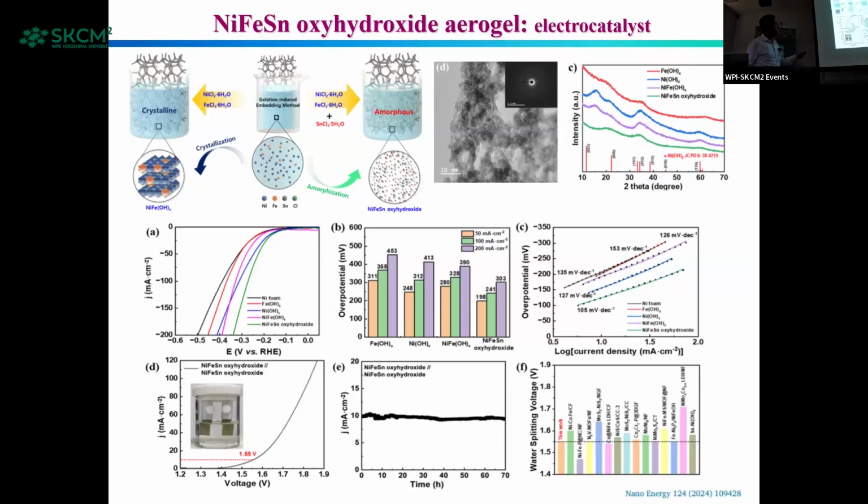But still, this material shows good HER and OER performance and water splitting ability. So you can see the porous aerogel network here and the crystallinity of the material. It is mostly amorphous, and you can see it is stable for a long time. In the 70-hour experiment we did overall water splitting, and we achieved 1.55 volt overall water splitting potential for this kind of material.